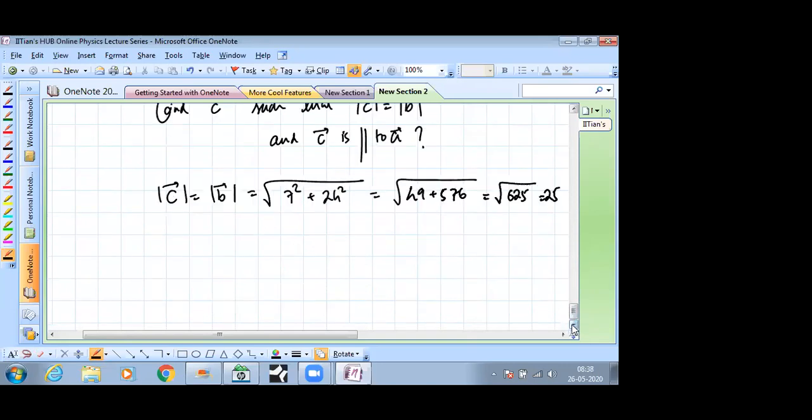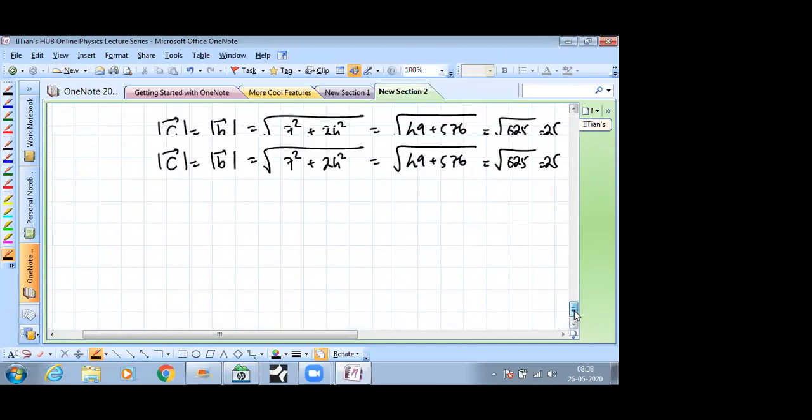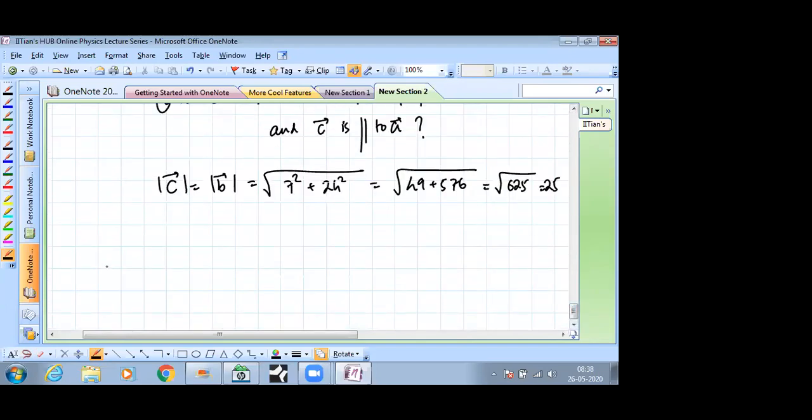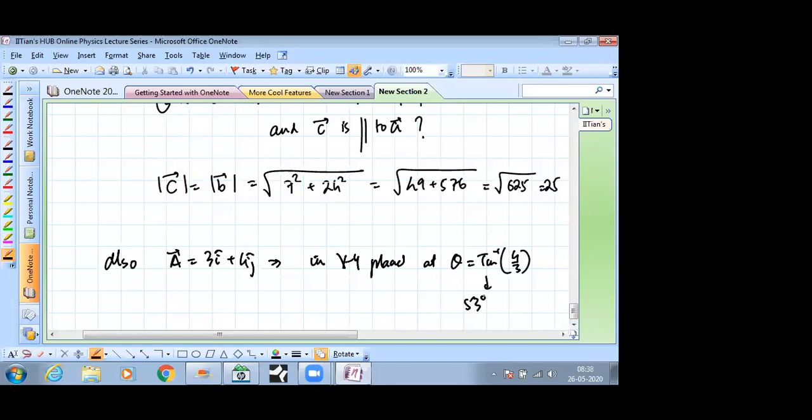Now in this case, we can do this question a number of ways. We can also do it like this: vector A being 3 i cap plus 4 j cap, we can see that it is in the xy plane, at theta equal to tan inverse 4 by 3, or that is 53 degrees with respect to the x-axis.